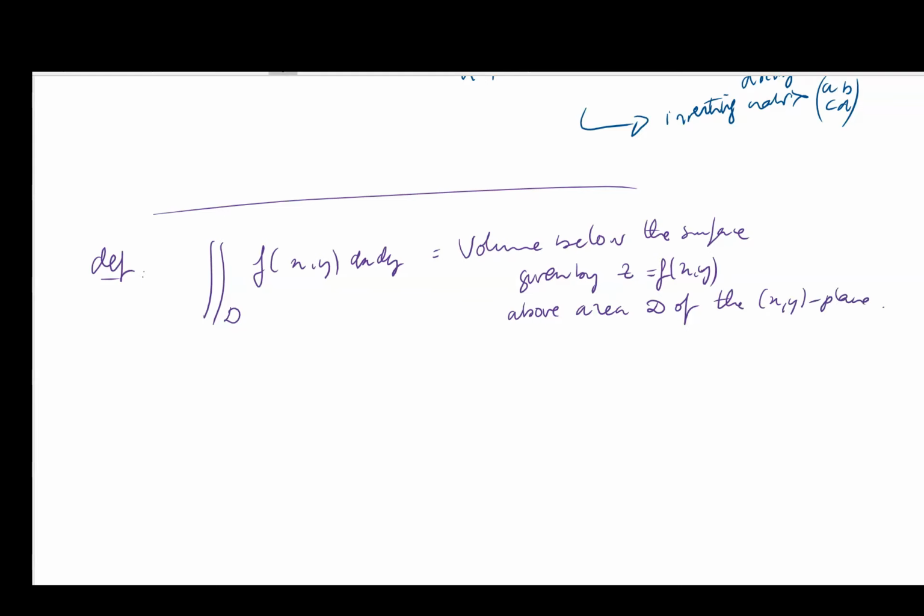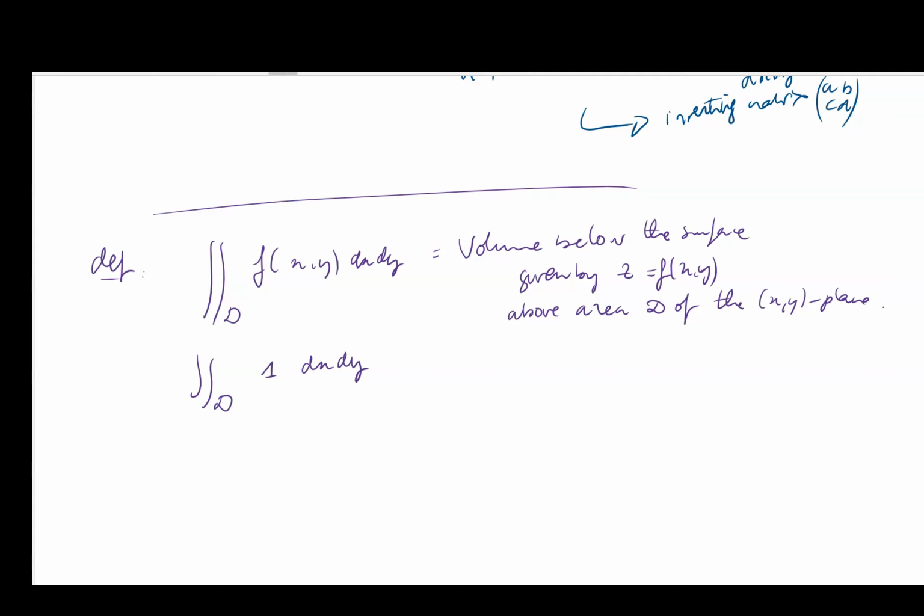So what do you think is happening when you're computing this constant 1 function on some domain D?